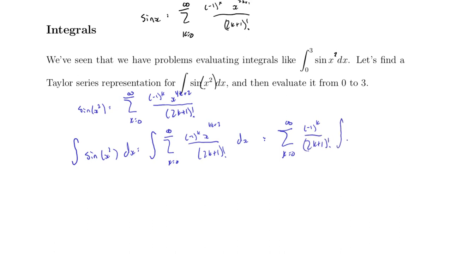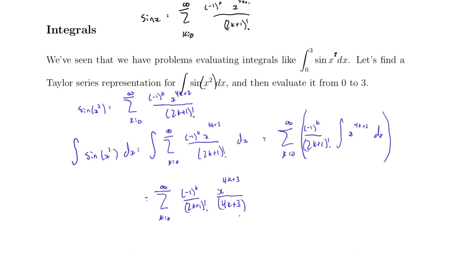And I'll say this is an integral of just x to the 4k plus 2 dx. We're just going to antidifferentiate each term, and so this is all really inside of our sum. Our antiderivative of this little power function, though, is really easy. So we have a sum of k equals 0 up to infinity of negative 1 to the k over 2k plus 1 factorial times x to the 4k plus 3 over 4k plus 3. And then, of course, we have a plus c here.